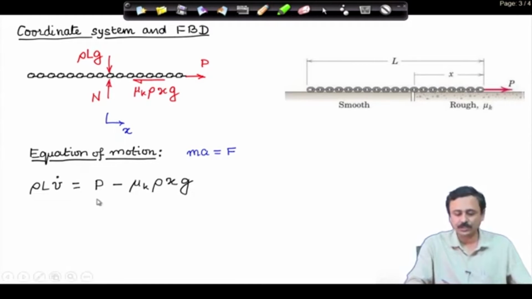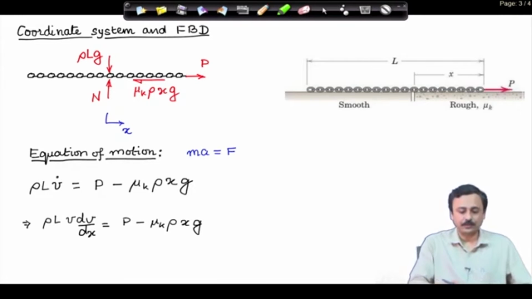Net force in the horizontal direction is P, and that you can see from the free body diagram. In the horizontal positive x direction is P, and the friction opposes the motion, therefore, it is minus mu k rho x g. So, that is the net. So, P minus mu k rho x g is the net force acting on the chain in the horizontal direction.